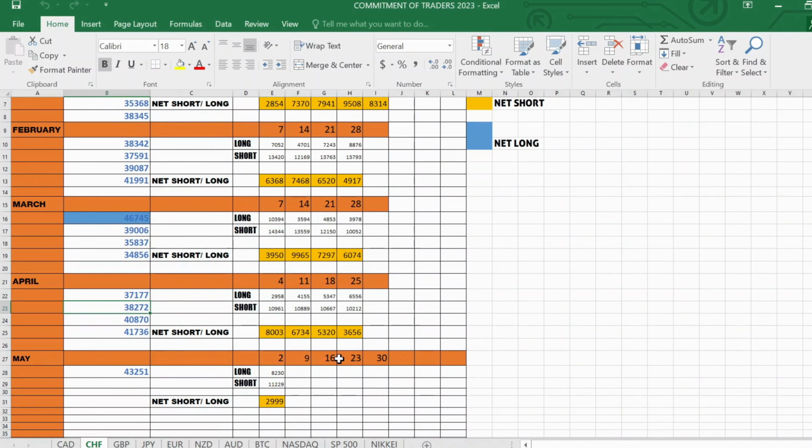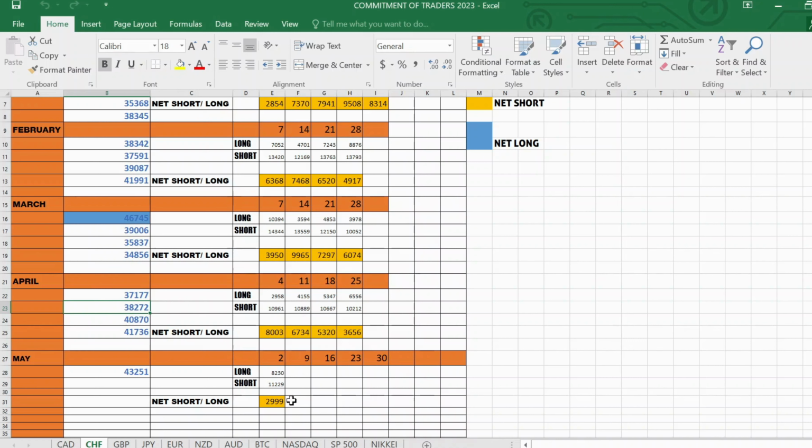So for the CHF, this could signal that we could be headed for a period of consolidation, because this shows that the sentiment is neutral.